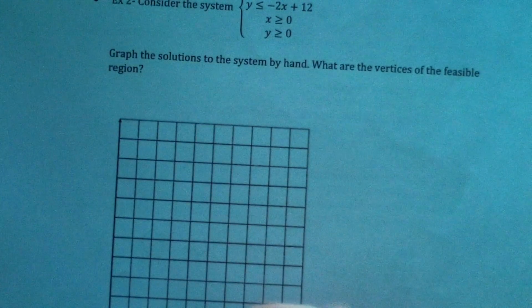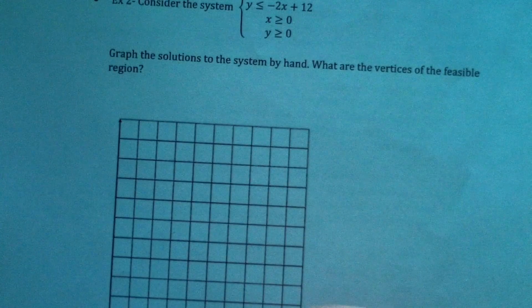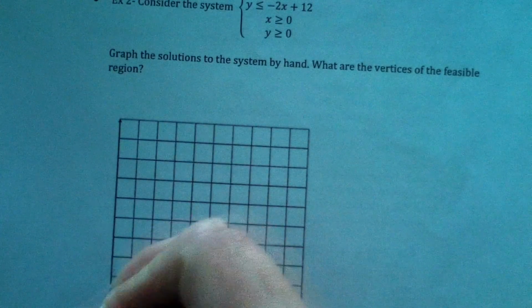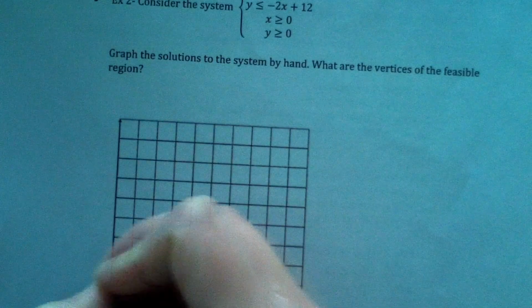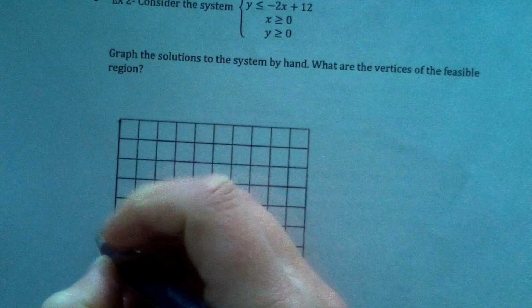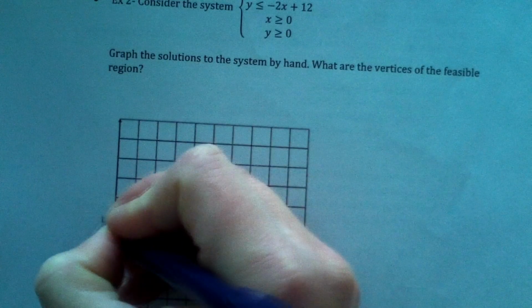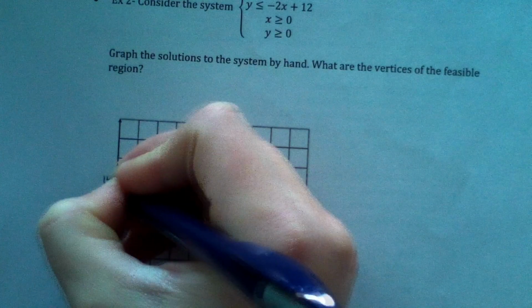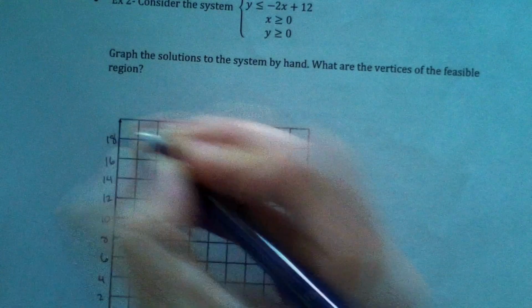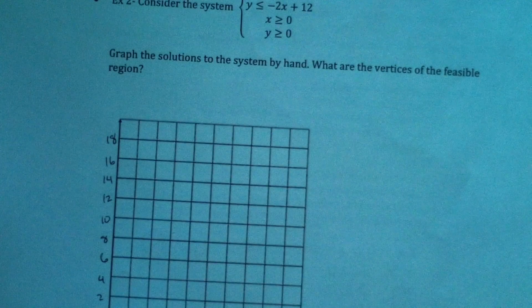Okay, and then we'll just do the same thing with our next one. So y is less than or equal to negative 2x plus 12. What's our y-intercept of that one? 12. So again, I'm going to switch colors here. Go to 12, put my point there. And if it's slope of negative 2, what's that mean?